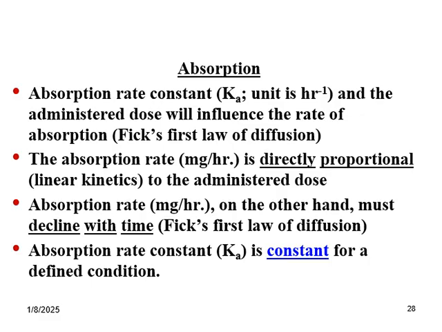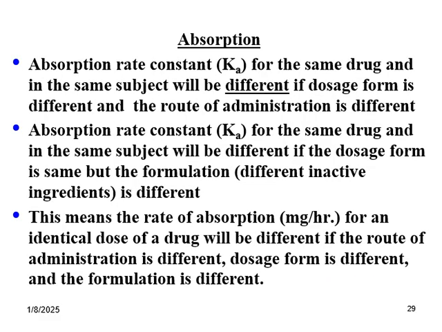Another important feature for Ka is, even for the same drug in the same subject, patient or animal, Ka will be different if the dosage form is different and the administration route is different. That is the first important feature.